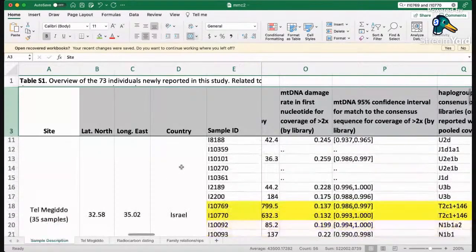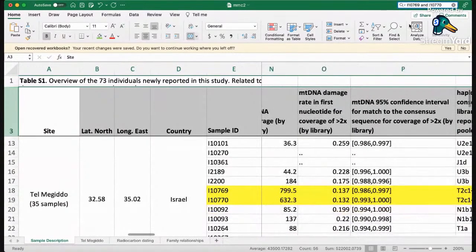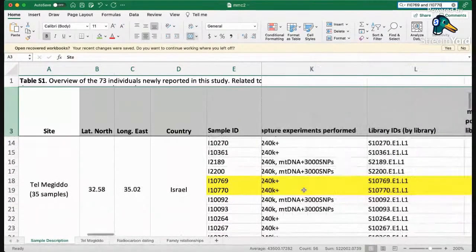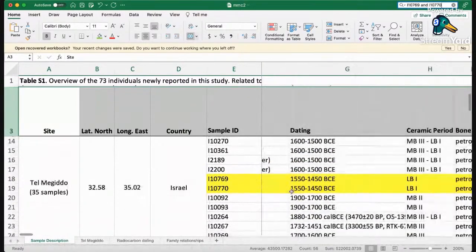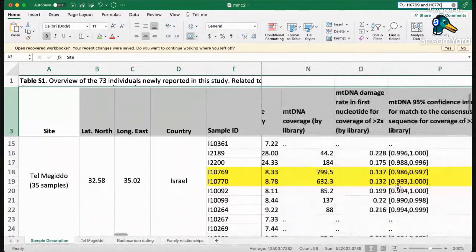All right, so remember what I said? You're going to paste the IDs of the brothers. I already know them by memory because I already have this open and I already highlighted them for everybody to see. So they're found in Tel Megiddo, Israel, dating to the Late Bronze Age, and these are the two with the Hurrian names.